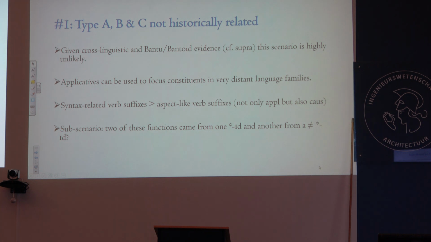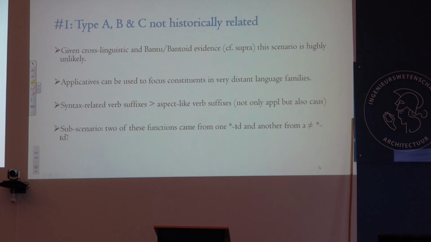So the first scenario that I thought about is type A, B, and C are not historically related. I do believe, however, that given cross-linguistic evidence and Bantu-Bantuid evidence, this scenario is highly unlikely. We know that applicatives can be used to focus constituents in very distant language families such as Mayan.